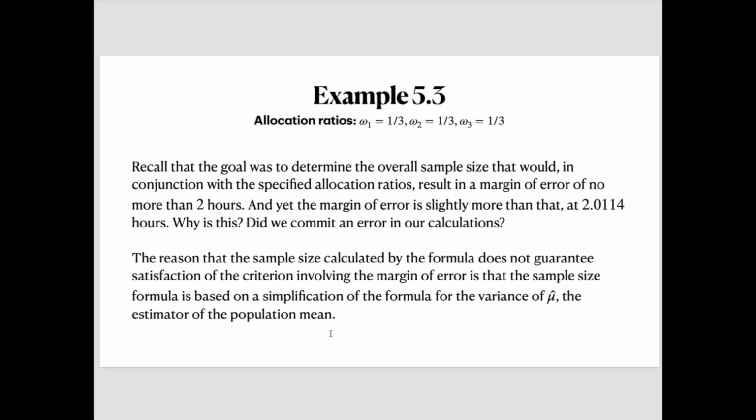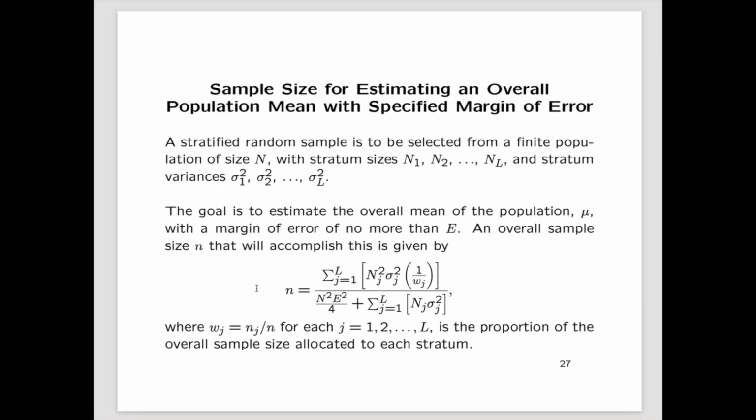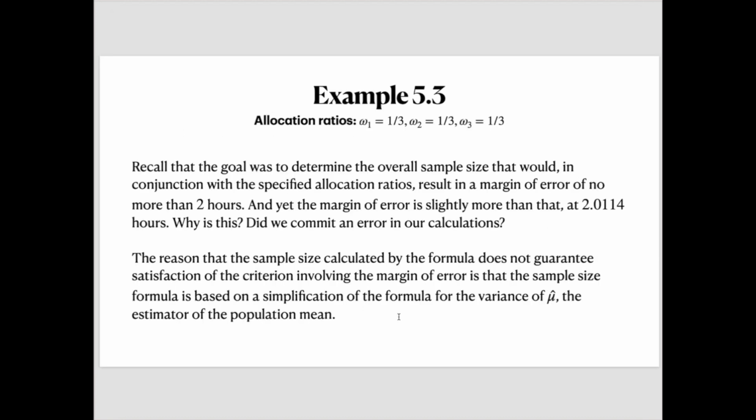The reason that the margin of error that we've obtained using this sample size formula is not less than or equal to the 2 hours that we wanted it to be is that the sample size formula that we used, let me go back to that slide real quick, this sample size formula here is based on a simplification of the formula for the variance of mu hat.